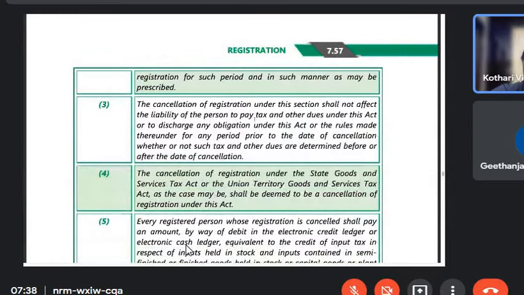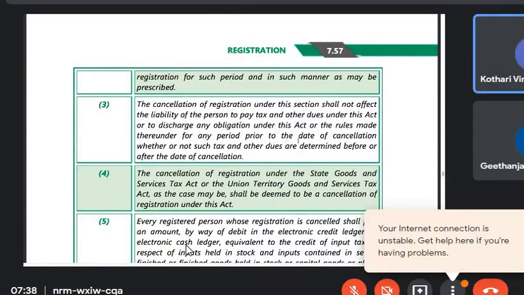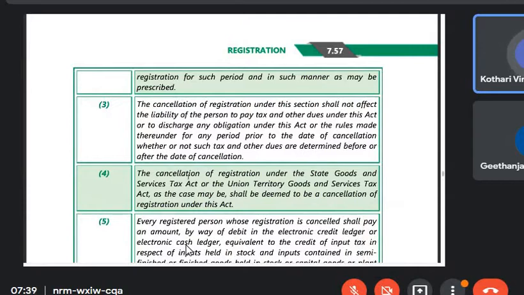The cancellation of registration under this section shall not affect the liability of the person to pay tax and other dues under this Act, or to discharge any obligation under this Act or rules made thereunder for any period prior to the date of cancellation, whether such tax and other dues are determined before or after the date of cancellation.